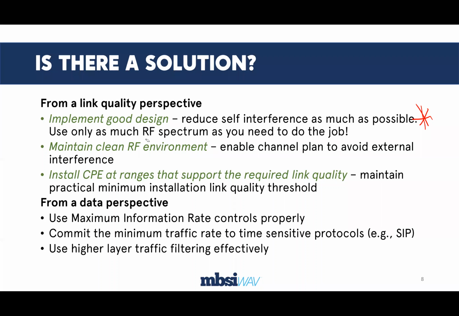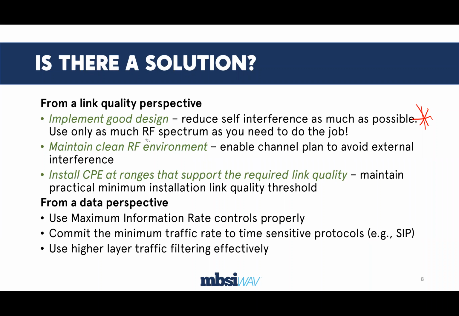We need to maintain a clean RF environment. In other words, we have to enable our channel plan. So yes, we have to avoid self-interference, but the second thing is that we have to avoid external interference also. These days, all the bands that we're using, commonly using anyways, have some sort of shared spectrum activity. Be it 3650, or whatever in Canada here, what that's going to become in the future.